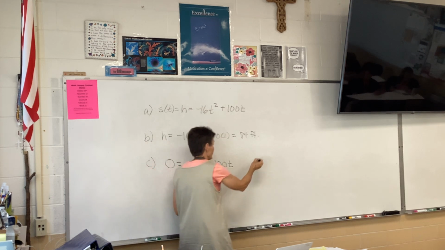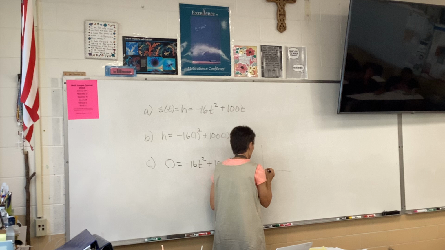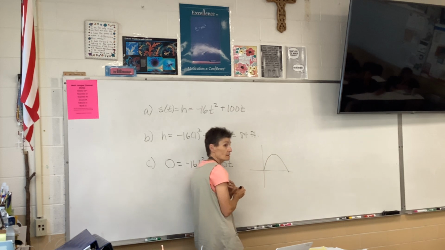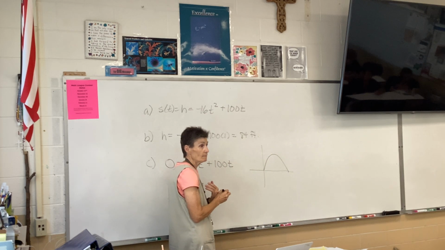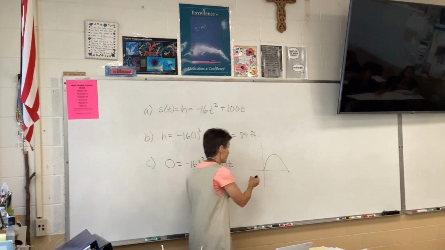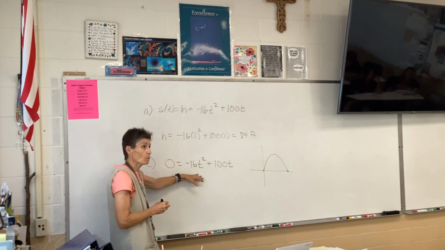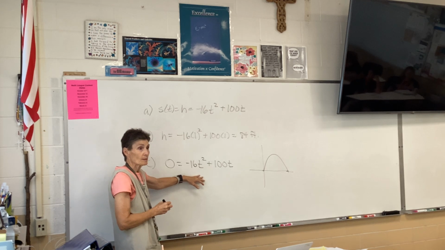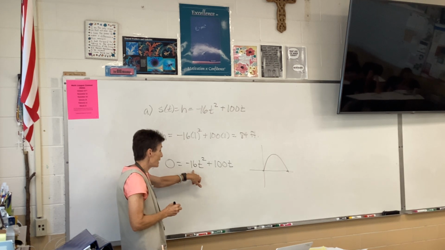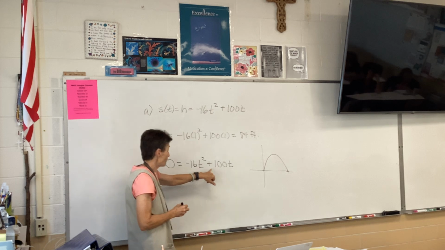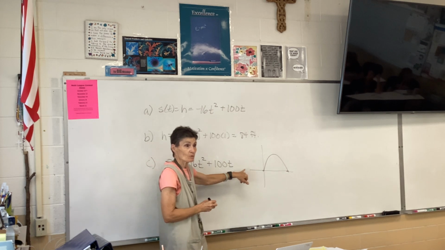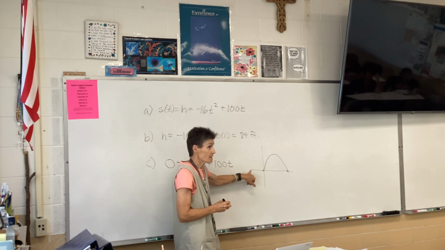Now this one's going to look a little different because it didn't come off a building. This one's going to look like this, because it started on the ground. Or, could you use the quadratic formula on this? You have an A, you have a B, but your C would be 0.